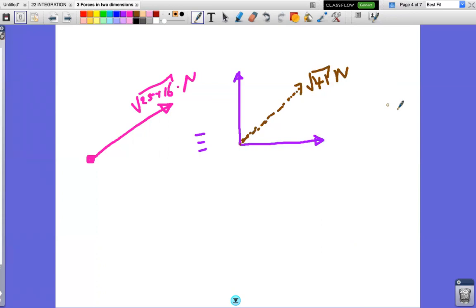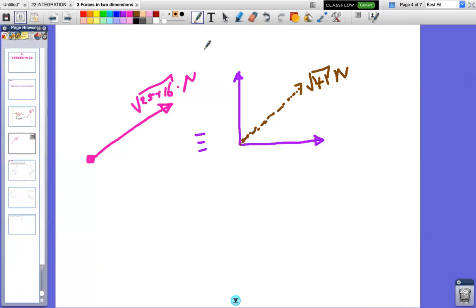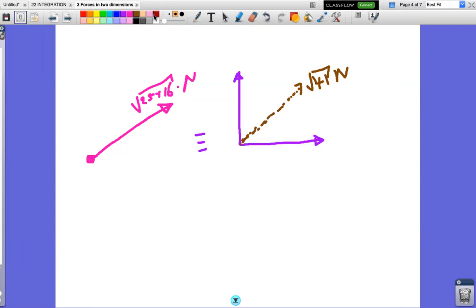Actually, my representation is not correct. This has to look like this. You have your single force, square root of 41 newtons.